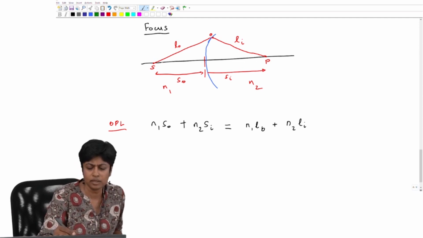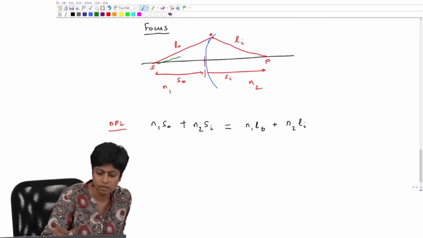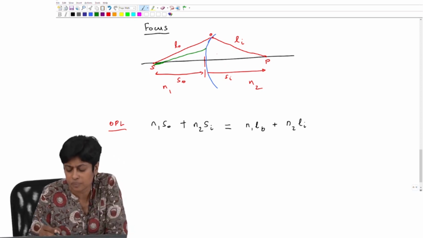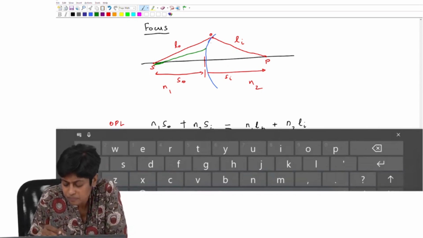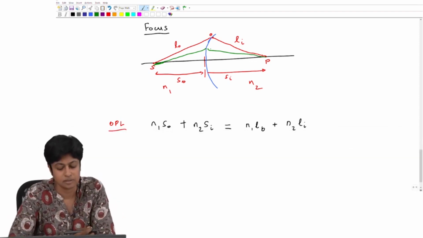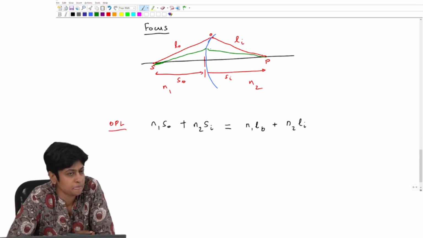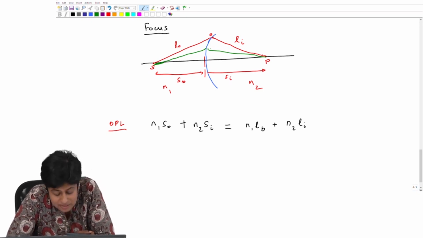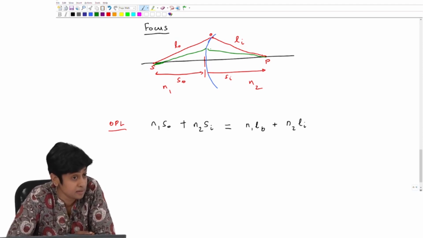If I drew another ray like this, from S and all the way to P. You agree with this? If every ray travelling from S reaches P and this condition is satisfied, I am saying the optical path lengths are equal.